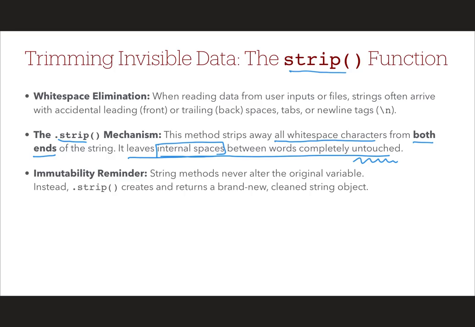It only eliminates white spaces in the beginning and at the end. That's the first thing you need to be careful about. Second, the string methods never alter the original variable. Instead, this strip creates and returns a new character string.